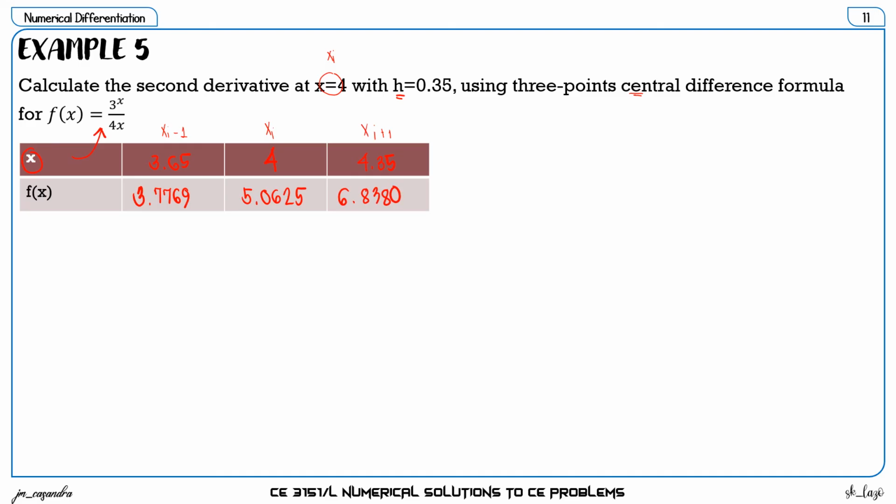For the 3-point central difference formula for the second derivative, we have this equation. You just simply substitute your values of f of x.